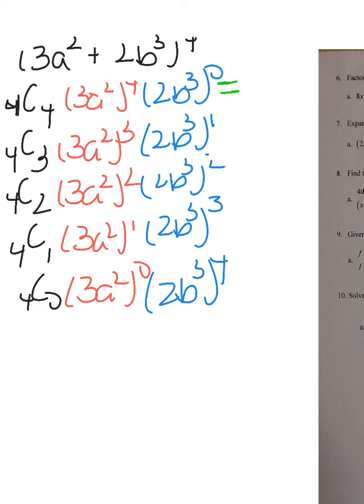Okay, so then we have 4C4 is 1, 4C3 is 4, 4C2 is 6, 4C1 is 4, and then 4C0 is 1.